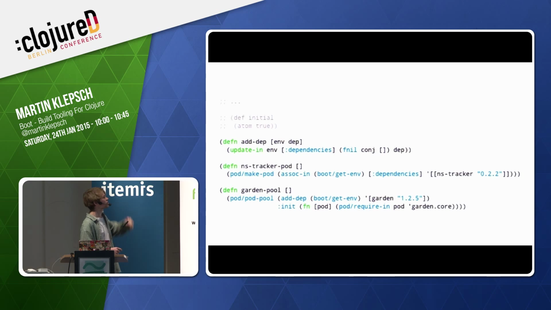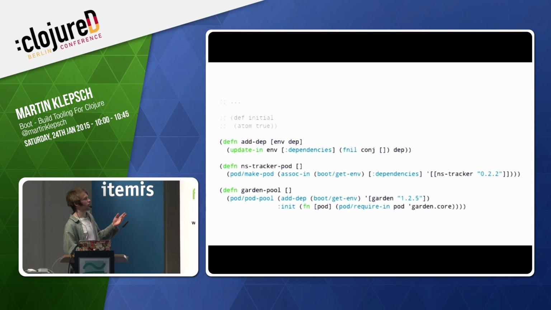And the function in the middle is an NS tracker pod. I'm not sure if anyone has used NS tracker. Basically, you give it some source paths, and you can call a function, and it will tell you what namespace has changed since you last called that function.